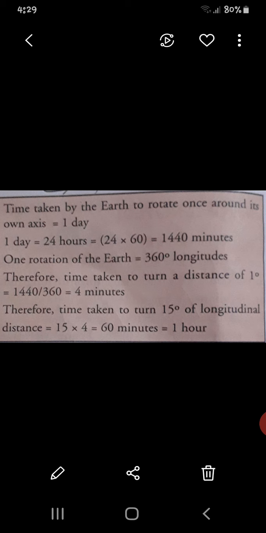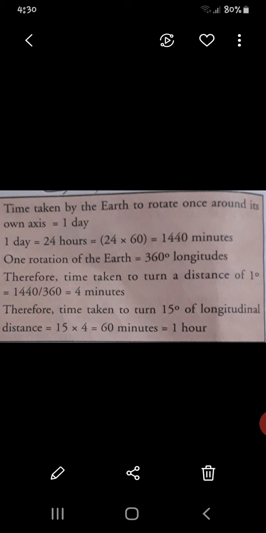He chose this figure because the earth completes a rotation every 24 hours. So, in 1 hour, how many degrees will the earth complete? There are 360 degrees of longitude altogether. So, the earth rotates through 360 degrees divided by 24 of a circle. It is 15 degrees every hour. The earth completes its rotation in 1 hour.